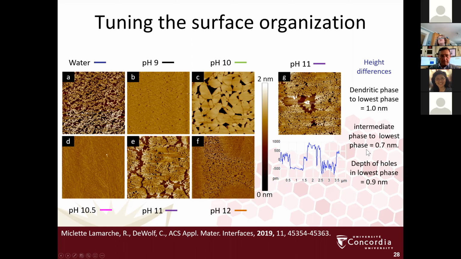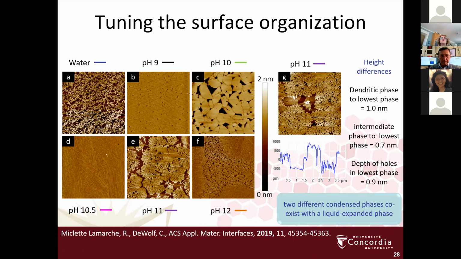The intermediate phase to that low phase is about 0.7. So there's only about 0.3 nanometer difference between this bright phase and this intermediate phase. The depth of the holes is about 0.9 nanometers. So that tells us that what we think we have is two different condensed phases coexisting with a liquid expanded phase.